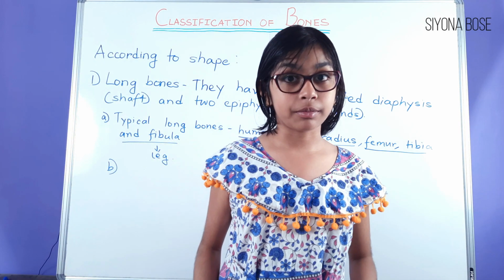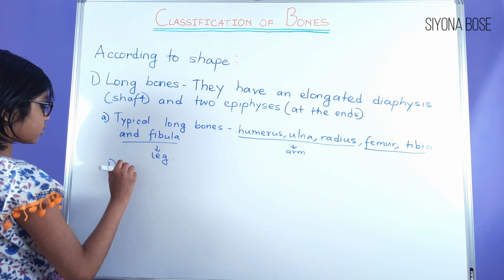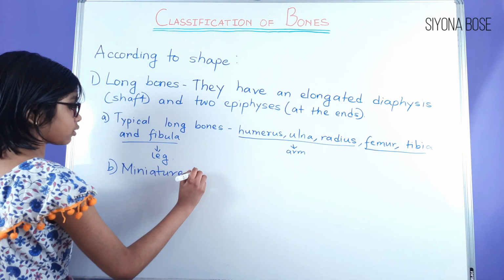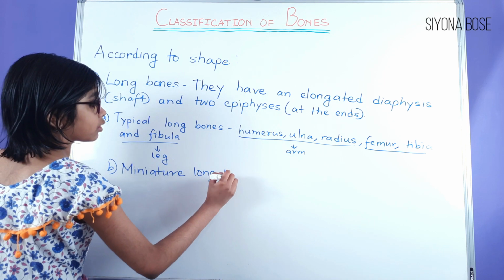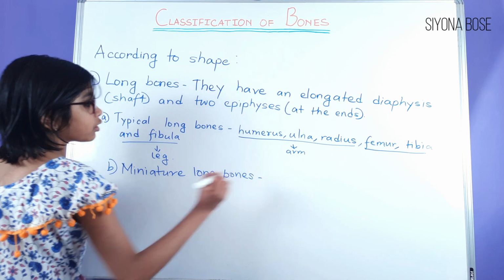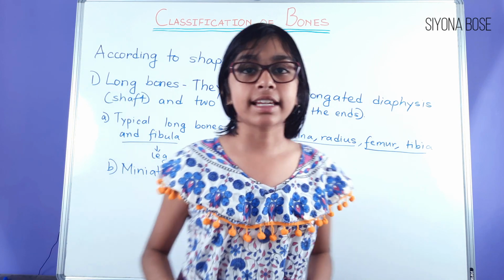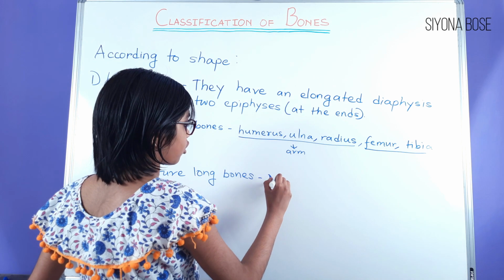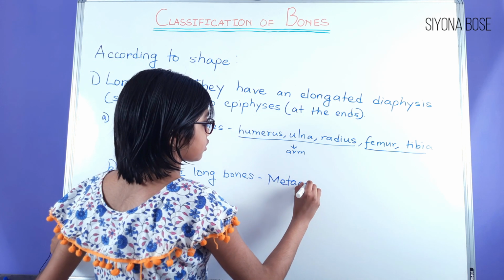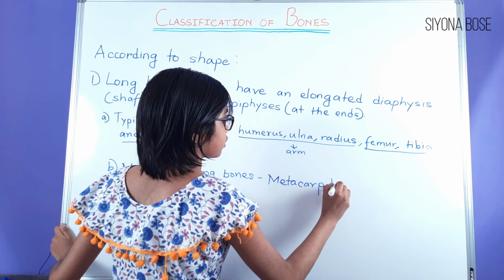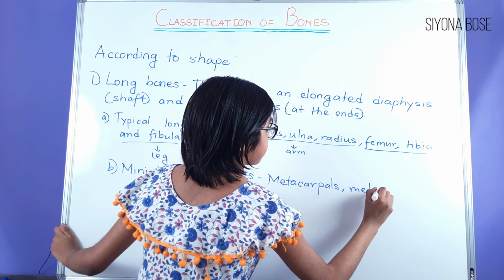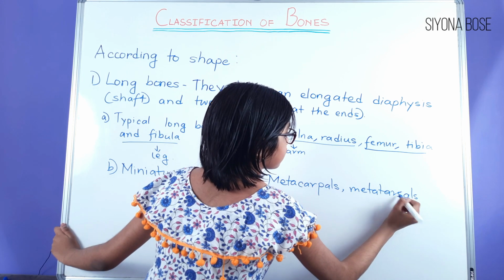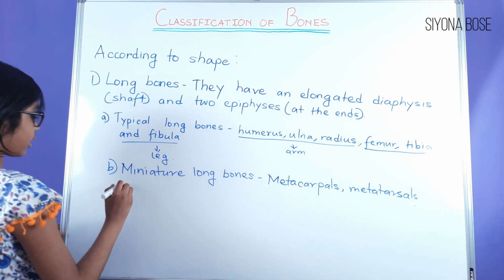The miniature long bones have just one epiphysis and diaphysis or shaft. They are the metacarpals, metatarsals, and phalanges.